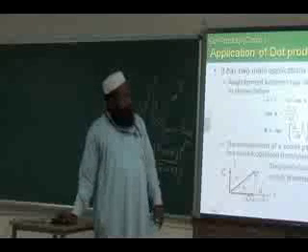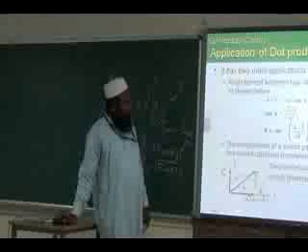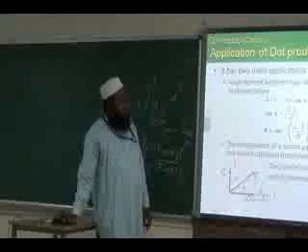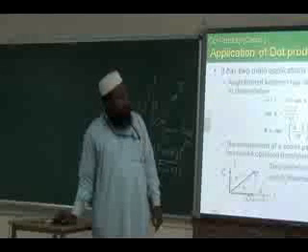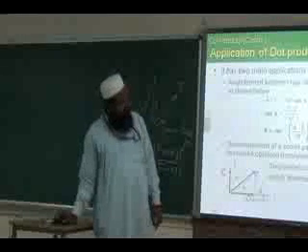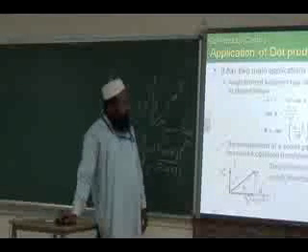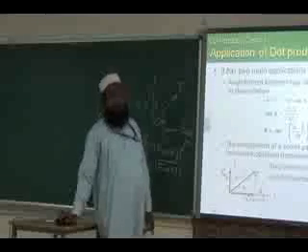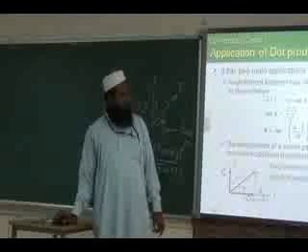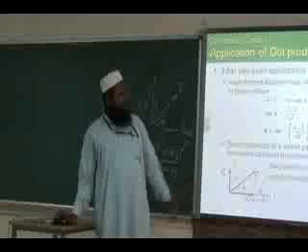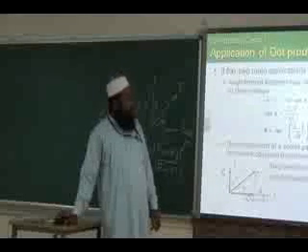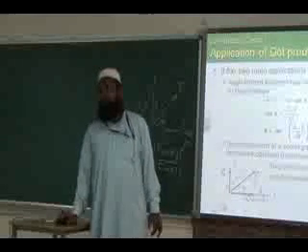So the perpendicular component, this is the perpendicular component, so it will be the opposite side. It will be A sin theta times j. How will you find out the magnitude of perpendicular component? That is A sin theta. If you know theta, you can find out A sin theta, or you can use Pythagoras theorem.